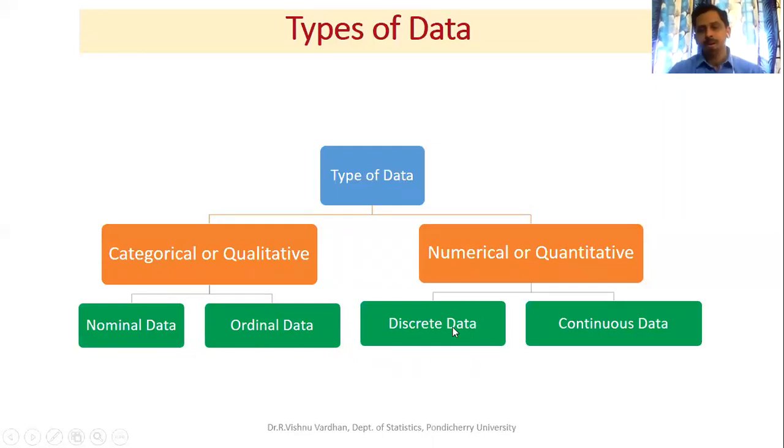Coming to discrete data: whatever the COVID counts we have, how many got infected in Tamil Nadu, in each district, how many we are asking. How many are totally infected? How many are recovered? How many are still active? How many deaths? Now, how many people get infected because of these symptoms?